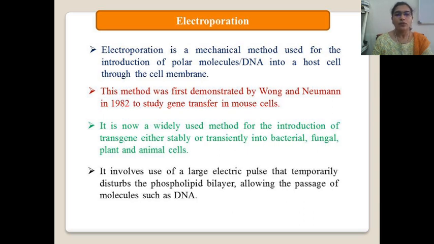This method was first demonstrated by Wong and Neumann in 1982 to study gene transfer in mouse cell. It is a widely used method for the introduction of a transgene either stably or transiently into bacterial, fungal, plant, and animal cell. It involves the use of large electric pulses that temporarily disrupt the phospholipid layer, allowing the passage of polar molecules such as DNA.